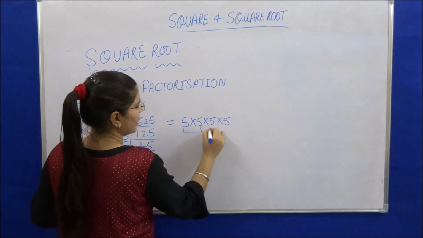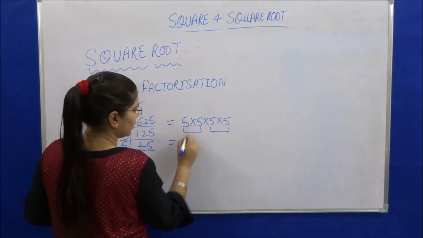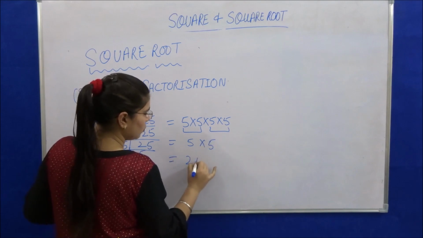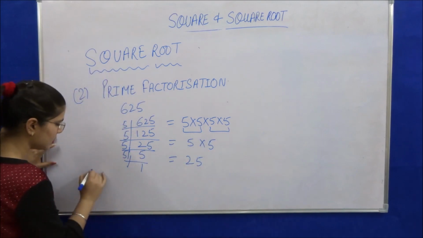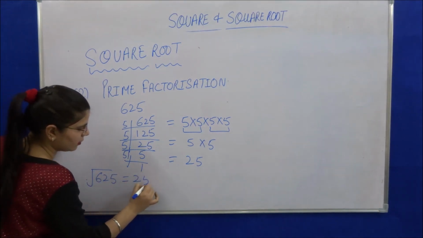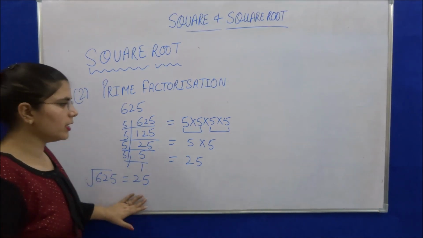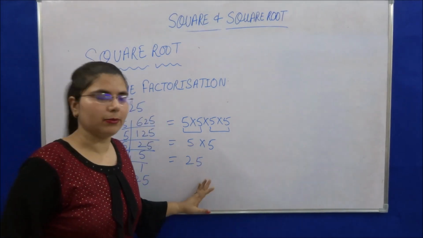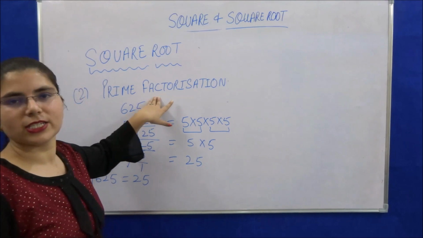We will take pairs of the numbers, that is 5 multiplied by 5, which is equal to 25. Hence the square root of 625 will be 25. In a similar way we can find the square root of any number by the prime factorization method.